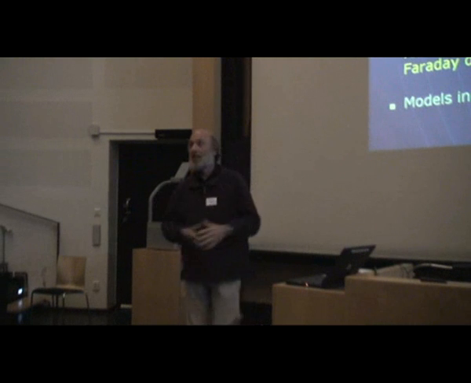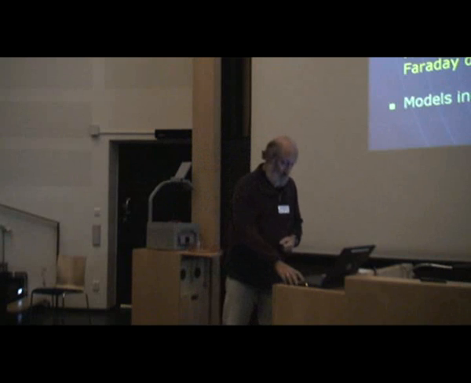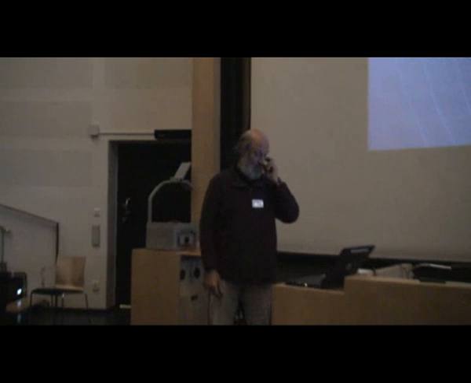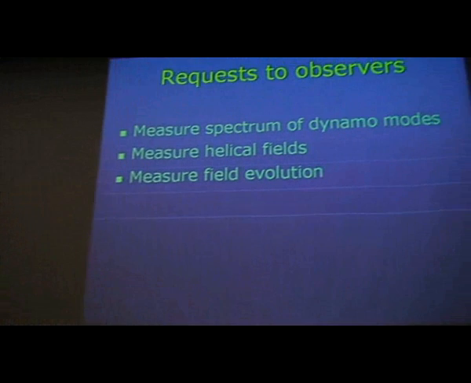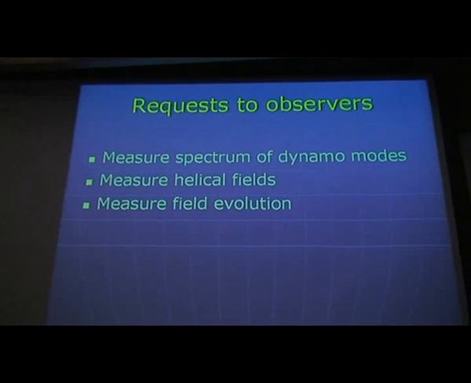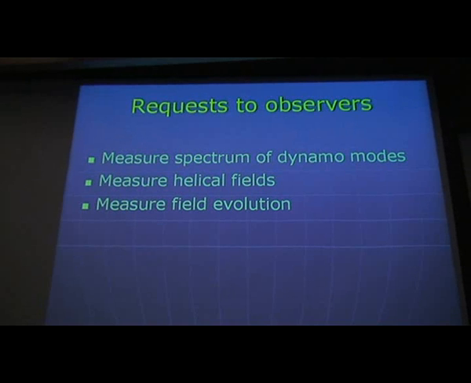So these are my requests to theory, and the final introductory remark is that I know there are also requests to observers, and I've made a very short list because I expect more requests to us from you, because this is a group of theoreticians and observers. So clearly we have to provide a spectrum of dynamo modes.